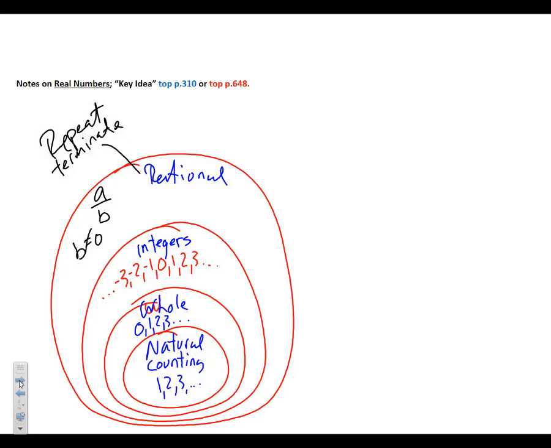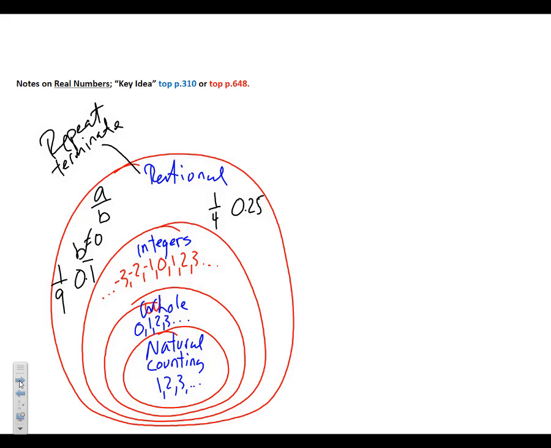Let me give you an example of both kinds. If I have 1/4, 1/4 is written in the form of A over B, and when I do the math, 1 divided by 4, I get 0.25. That is a terminating decimal, so it is rational. Now how about 1/9? 1/9 as a decimal is 0.1 repeating.